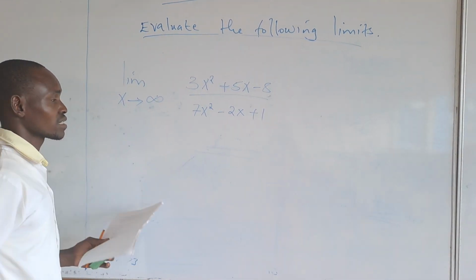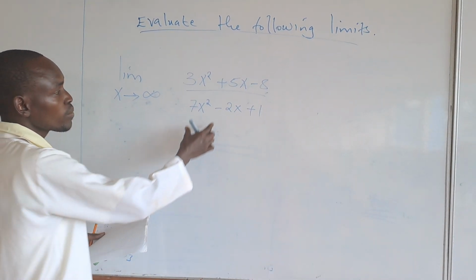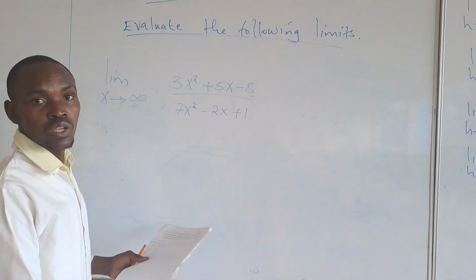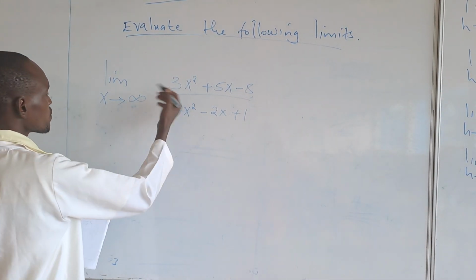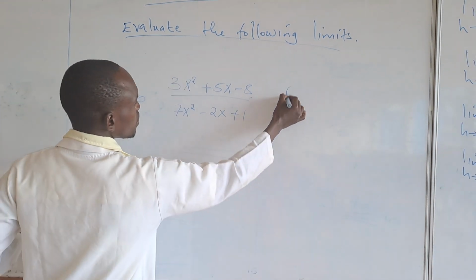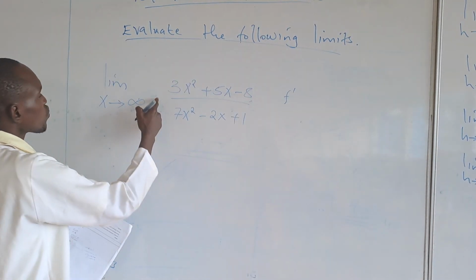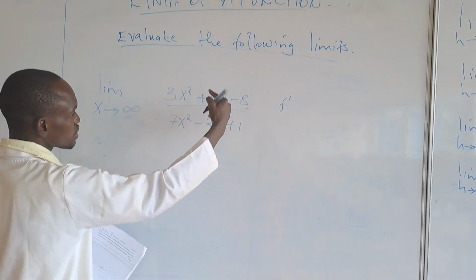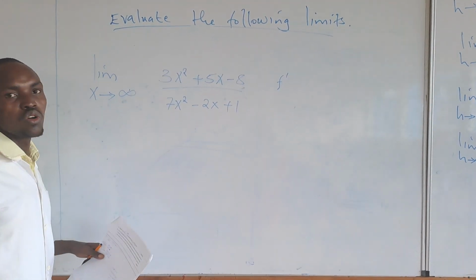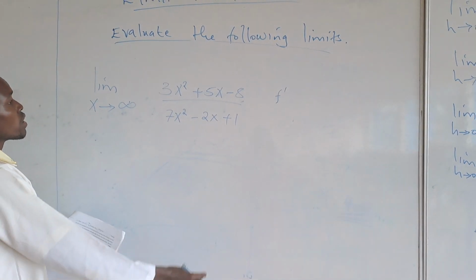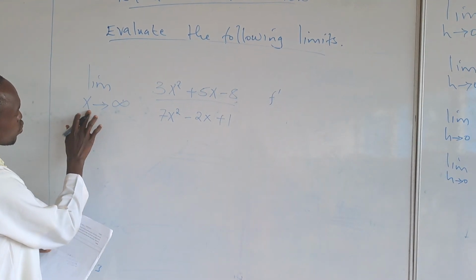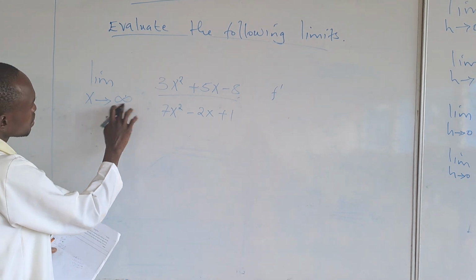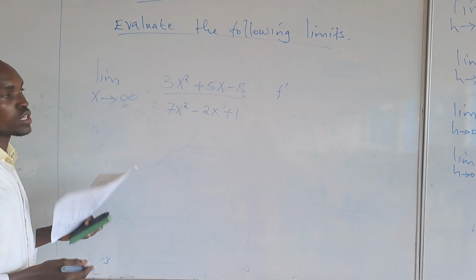In this case, if we are not able to factorize or rationalize, what do we do? We get the derivative. We differentiate the numerator and the denominator. You differentiate up to a time whereby we are able to eliminate the infinity.